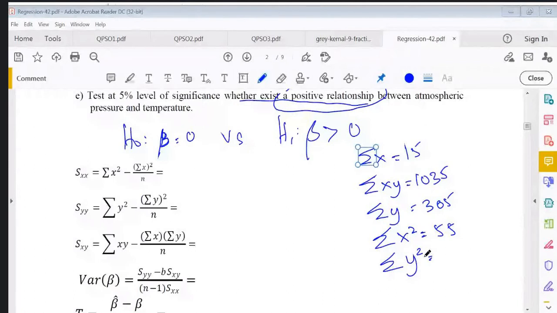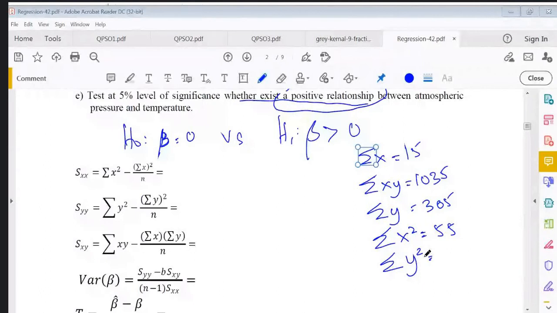Summation X power 2, 55, minus (summation X) power 2, 15 power 2, divided by the number of data, which is 5 data.